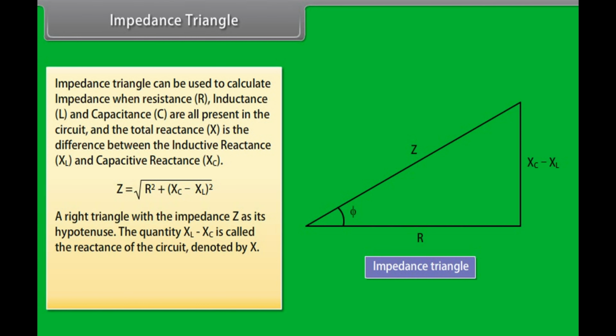A right triangle with the impedance Z as its hypotenuse, the quantity XL − XC is called the reactance of the circuit, denoted by X. tan φ = (XC − XL)/R.